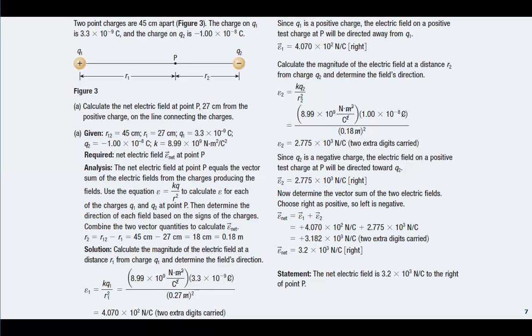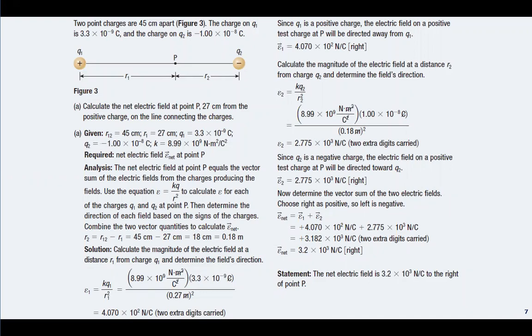First we can calculate the magnitude of the electric field at distance r1 from the charge Q1 and determine the field direction. The magnitude of the electric field strength due to Q1 is kq1 over r1 squared. Putting all the values in, we have epsilon 1 equals 4.070 times 10 to the power of 2 newtons per coulomb.